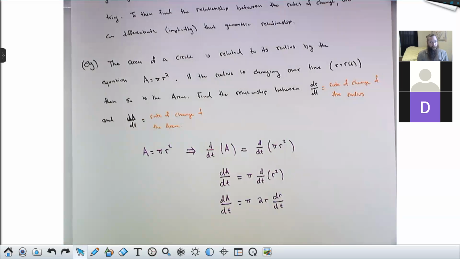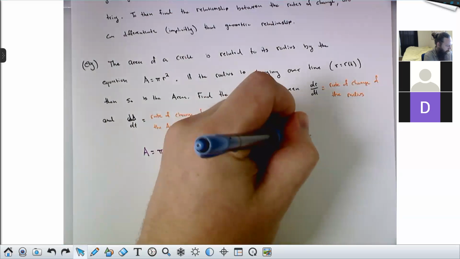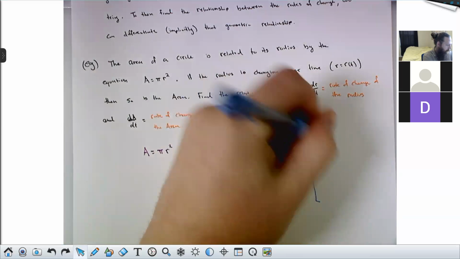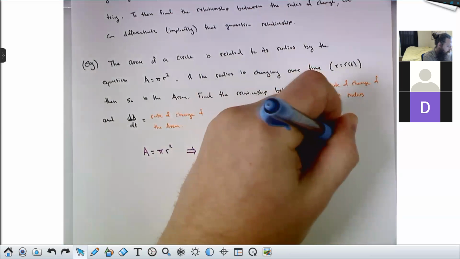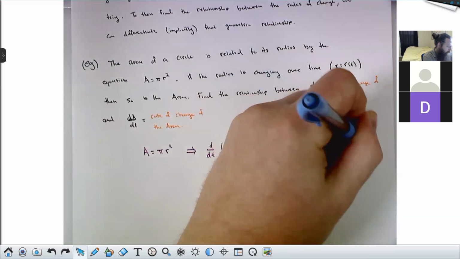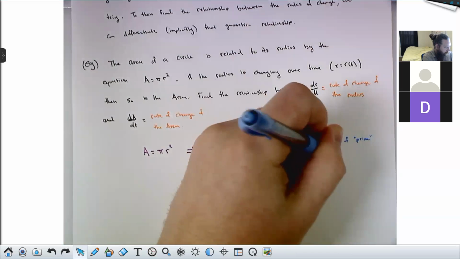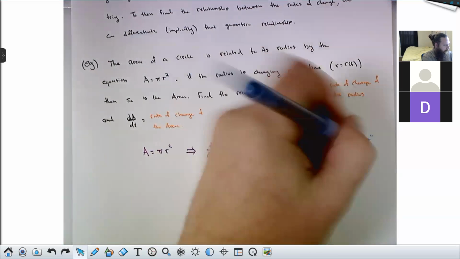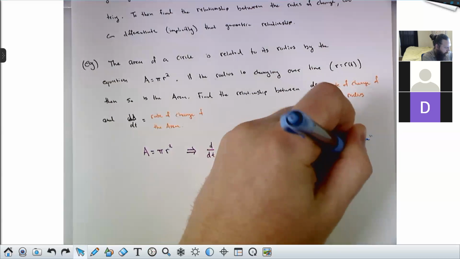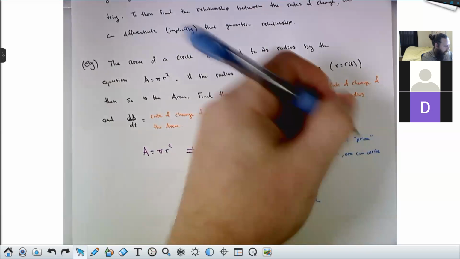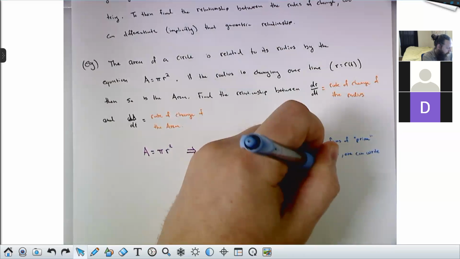Now I don't have a problem with you using, there is a notation here. Let me share this with you. So for fans of the prime notation, one can write r dot.